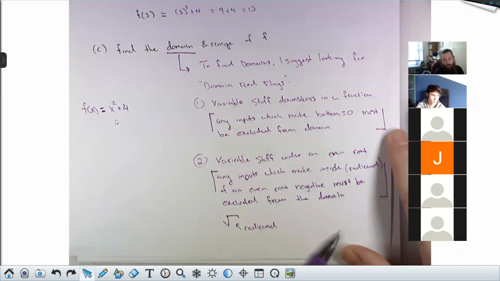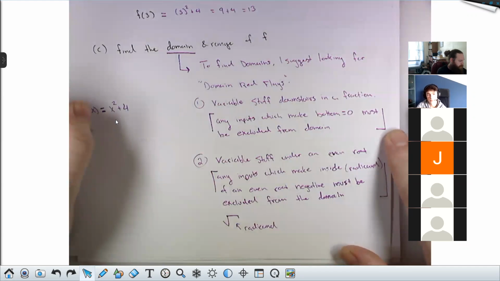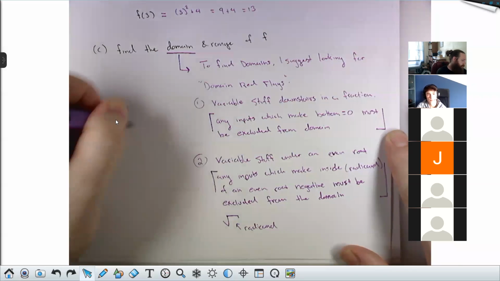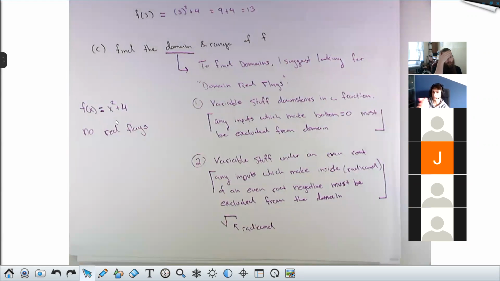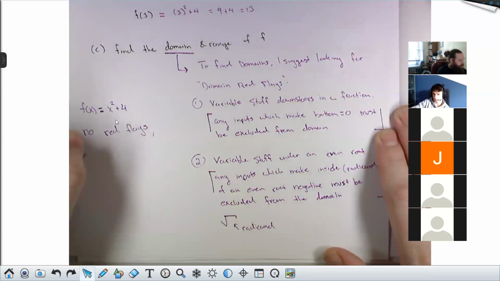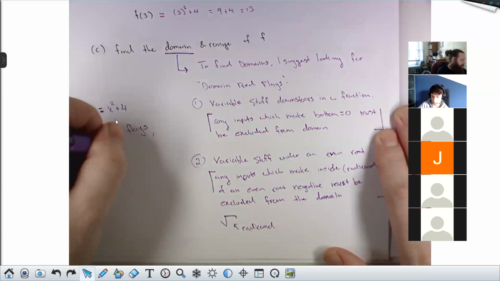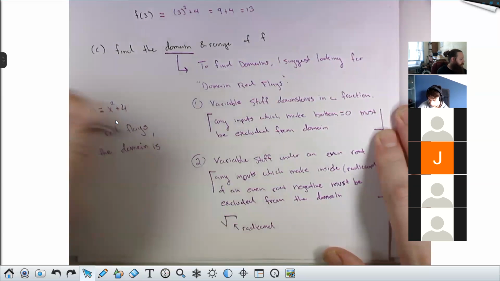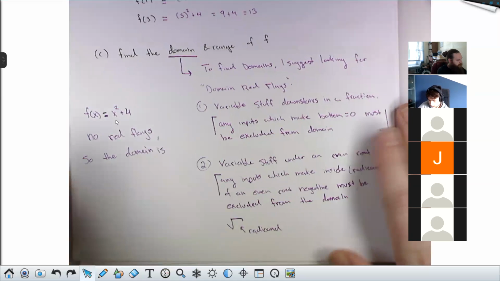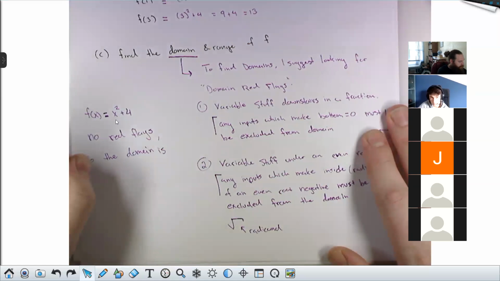That means we're good to go. What do I mean when I say we're good to go? Well, if there are no red flags, and the red flags are what tell you you need to kick some numbers out, then there aren't any numbers we need to kick out of our domain. So the domain is, there's a bunch of different ways to say this, you could call it all real numbers.